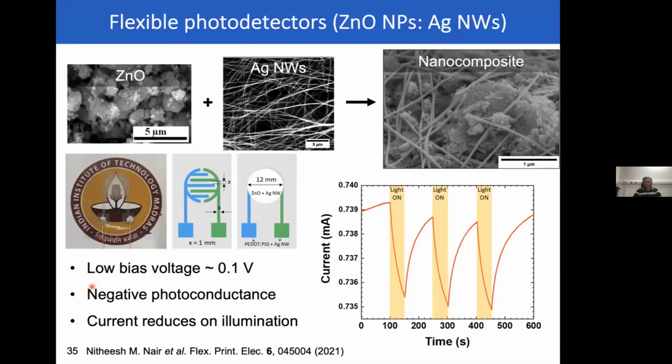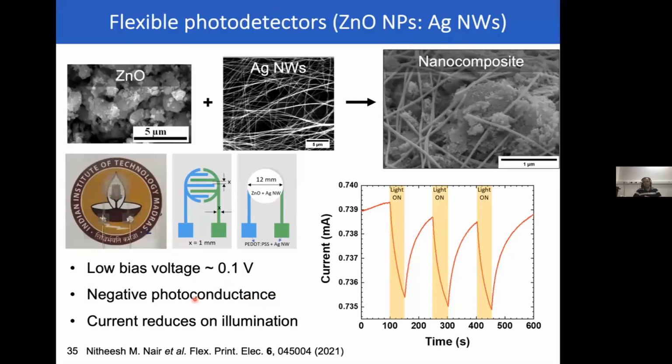Another interesting physics to this particular system is that unlike normal photodetectors, where when you shine light, you have more current, in this particular case, when you shine light, you actually have less current. So this is called a negative photoconductance.